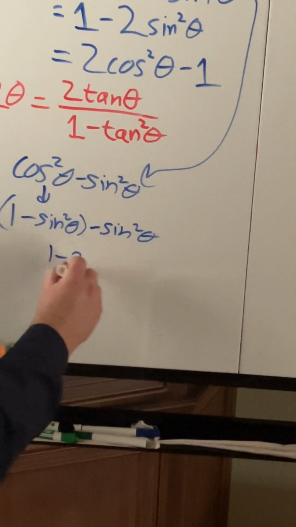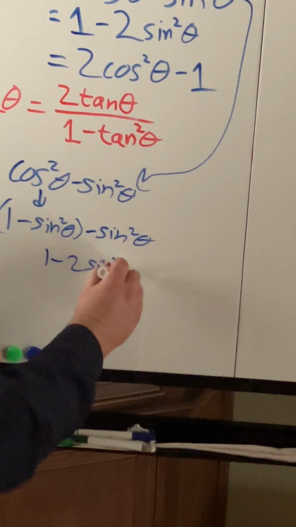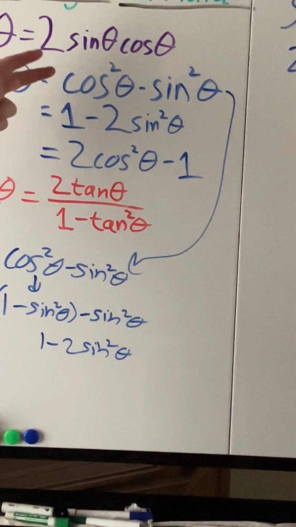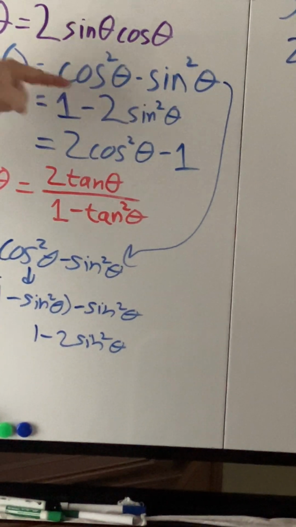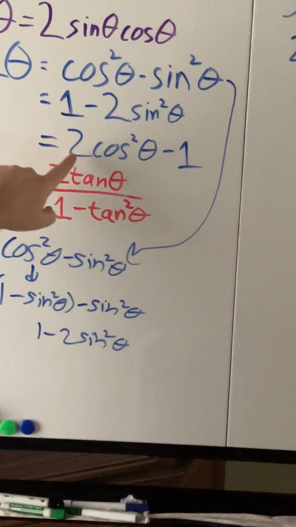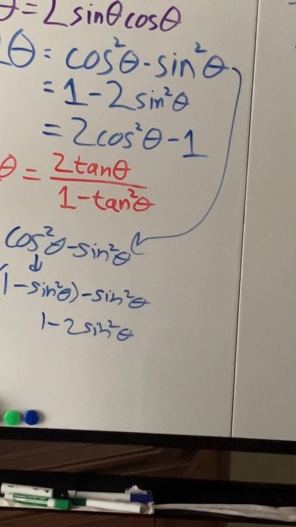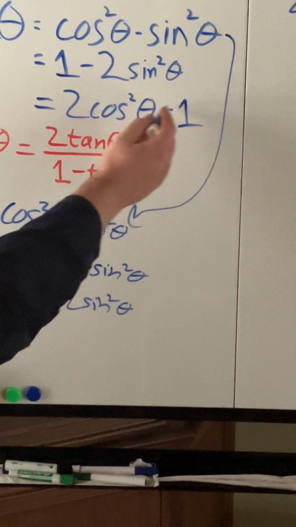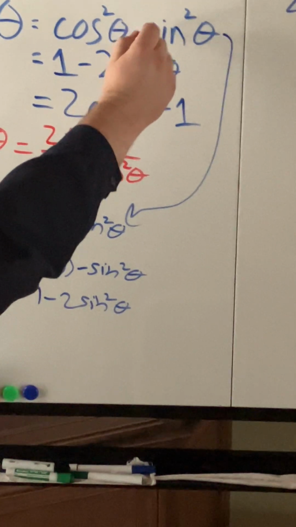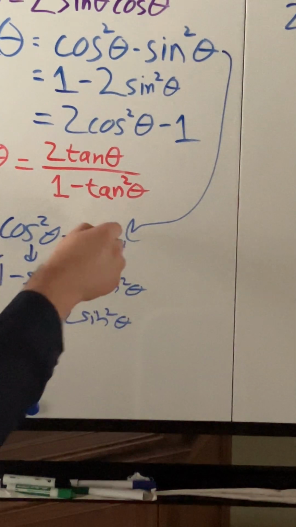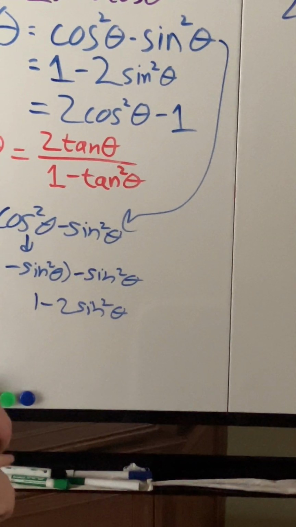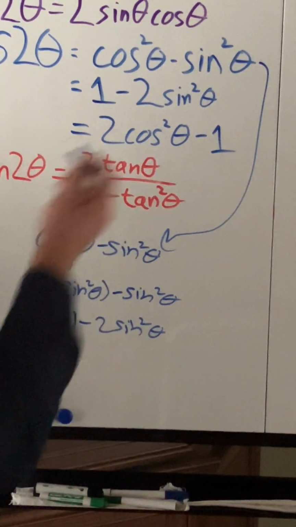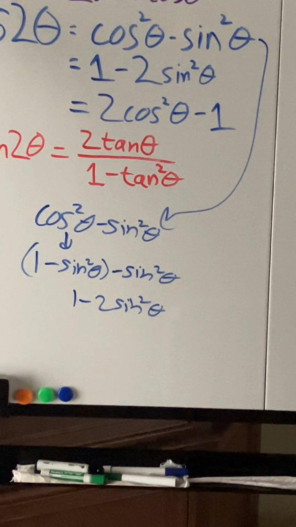That's 1 minus 2 sine squared. Well, that's all we have written here. So all they're doing when they give you these is they're just taking that first one and saying, well, it could also be written 2 different ways if we use the Pythagorean substitutes. I would get this bottom one the same way. I would just take negative sine squared theta and substitute in for that cosine squared theta minus 1, right? Okay, so let's go back to this problem.